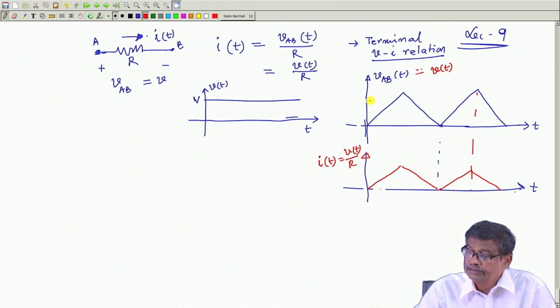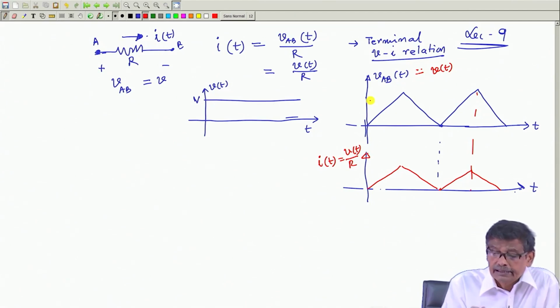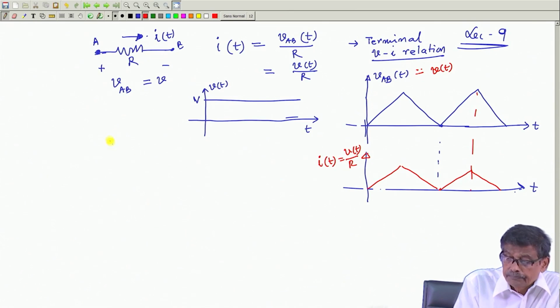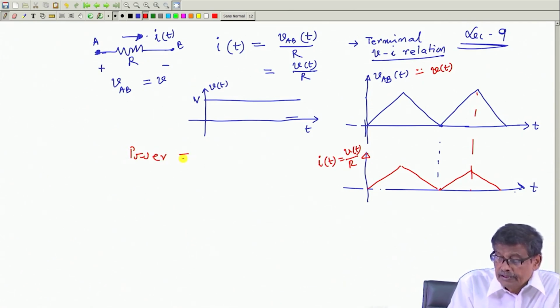So, this is the story of resistive network, and we should also remember that in a resistance, power is voltage into current, and v is equal to R i. So, this is the same as R i square.